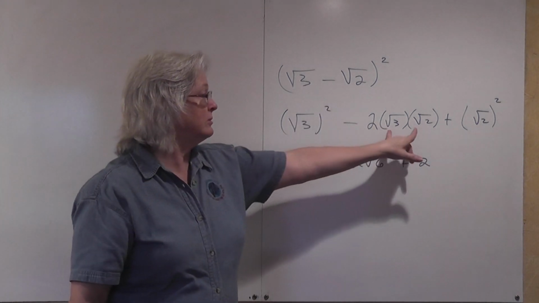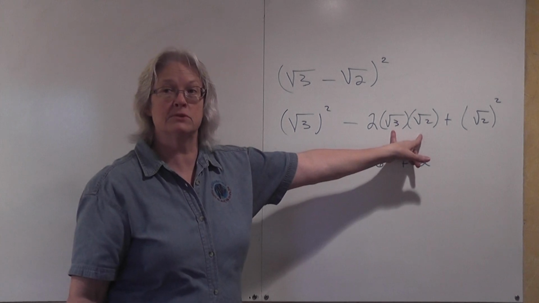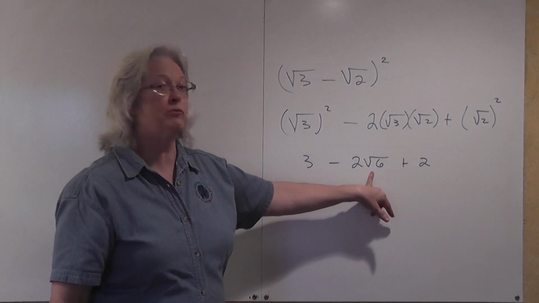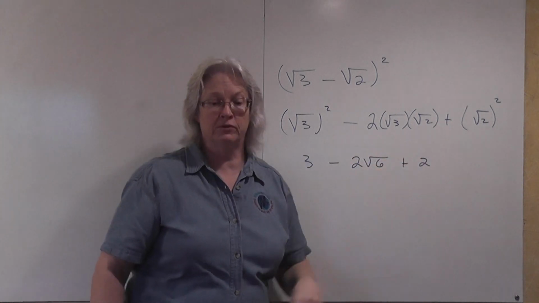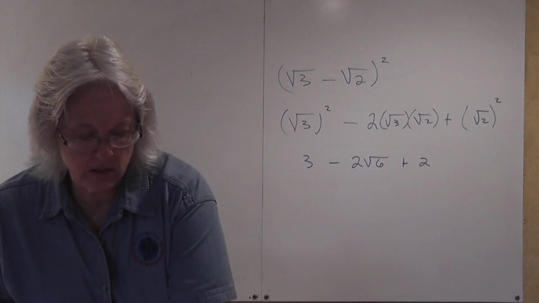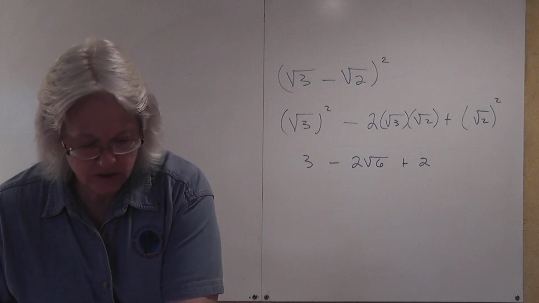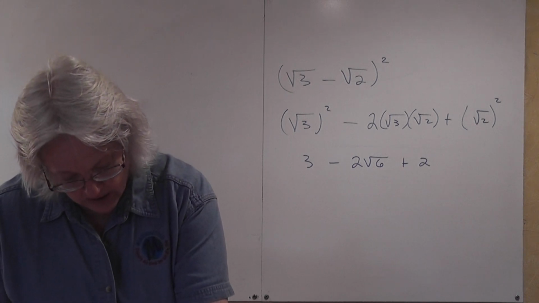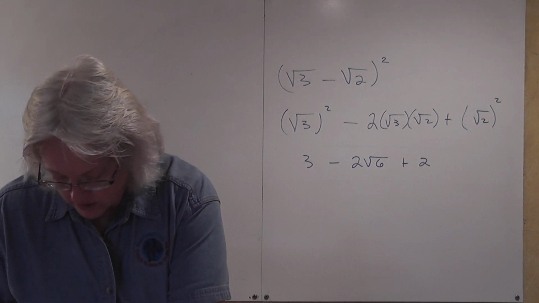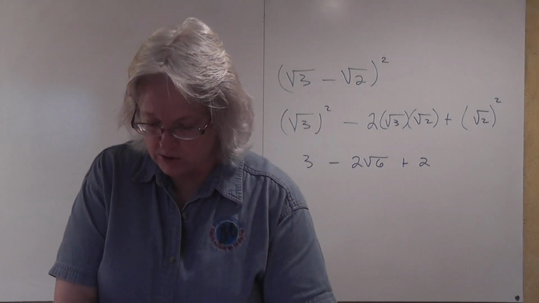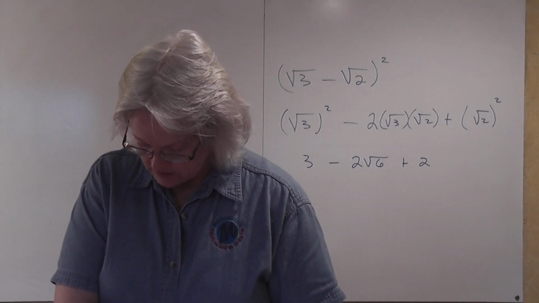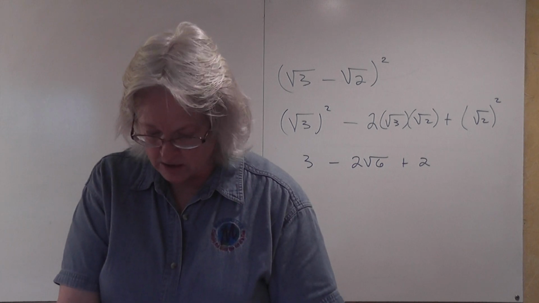Our product rule tells us that the square root of 3 times the square root of 2 can be written as the square root of 6. Square root of 2 squared is going to give us 2. I totally lost the page that I'm on while I was looking for perfect square trinomials for you. Let me find my page. We're back on section 10.8.